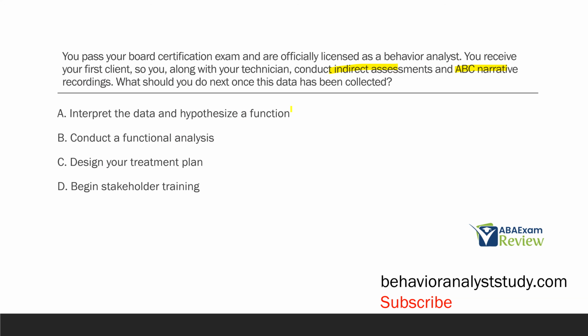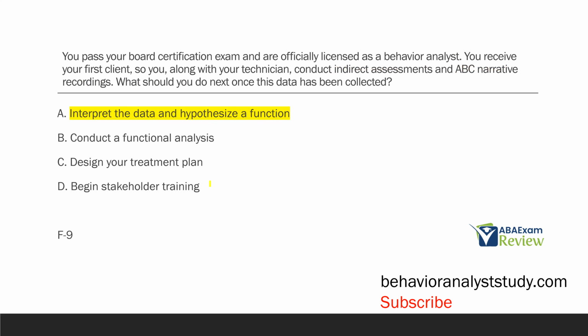So the correct order, more or less, and right, everything is not cookie cutter, but more or less the way it should be done is you do your indirect assessments, you do your descriptive assessments, you form your hypothesis, and that hypothesis allows you to conduct B, the functional analyses. From the functional analyses, when you identify your function, you can then design your treatment plan based on that function. Once you have your treatment plan, then you begin stakeholder training.